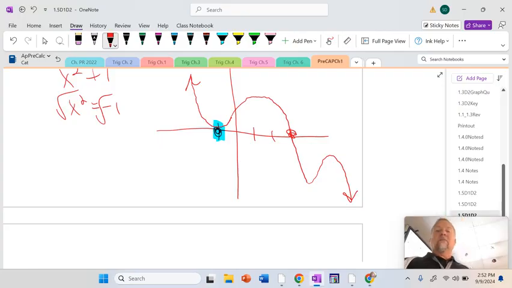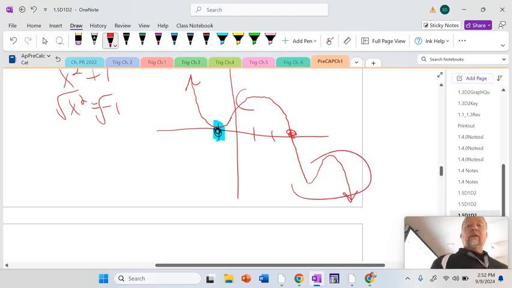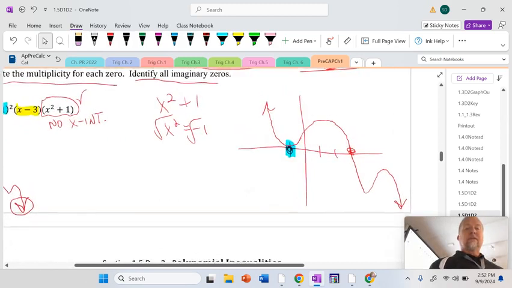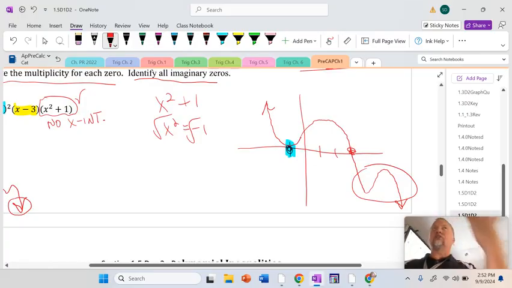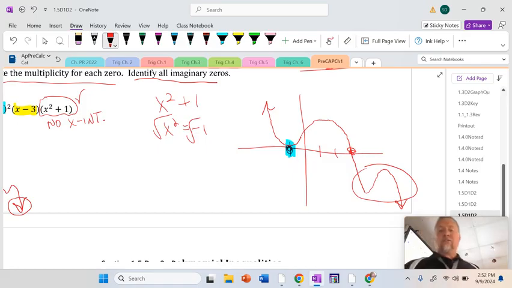So you may see some other turning behavior here or in here, and then comes back up and then back down, or in here, that other factor or that other set of parentheses creates turning but doesn't create an x-intercept. Again, you are not responsible for showing that. I just wanted to share that for extra knowledge.